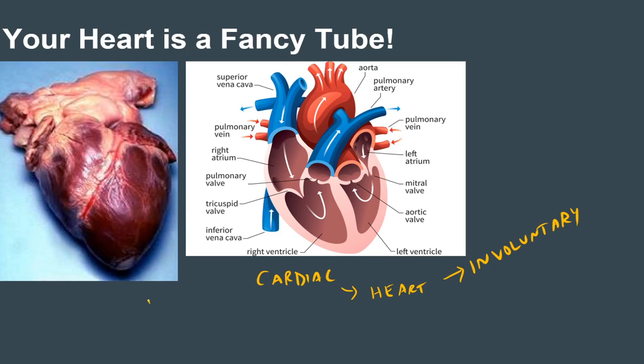And you can see this picture here is a human heart, and you can see it looks just like muscle. If these guys contract, inside that heart are all these openings and all this space. And inside those spaces, they're filled with blood. Now, the heart is just a fancy tube, and the whole wall of the heart, everywhere you look, is just muscle.